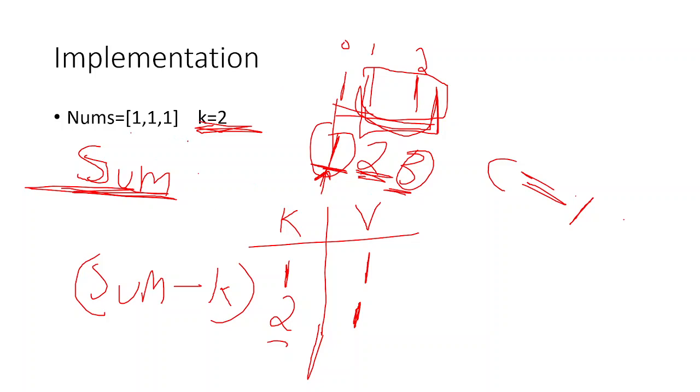3 is not equal to 2. And 3 minus k, that is 1, is it available in our map? Is it seen in our map? Yes, it is seen. So if it is seen, we just increase the count of it.